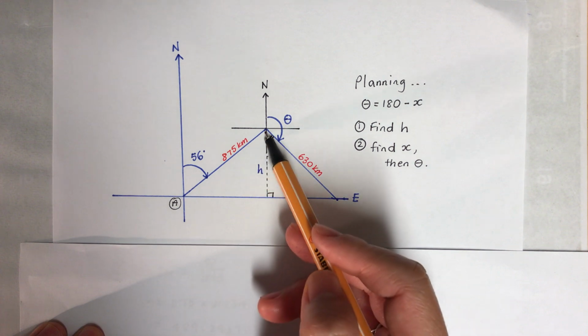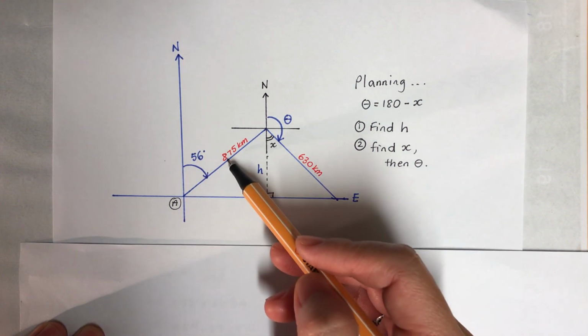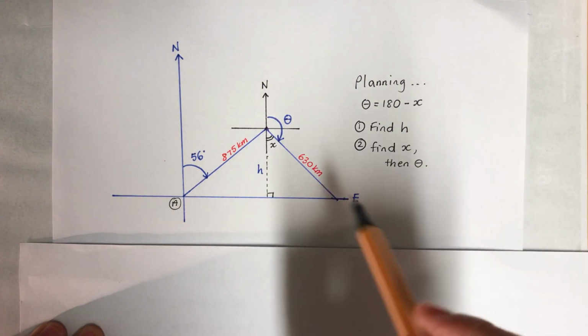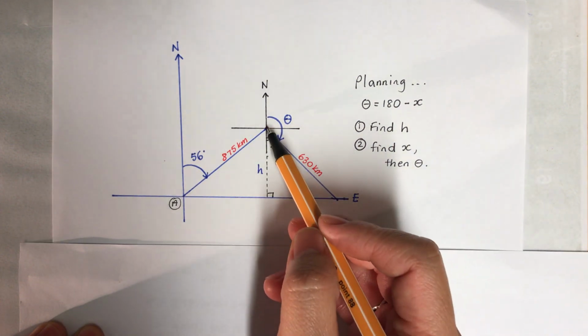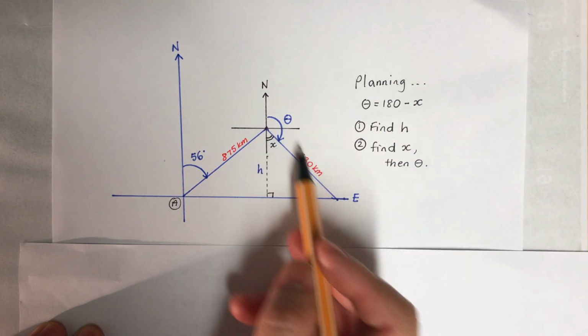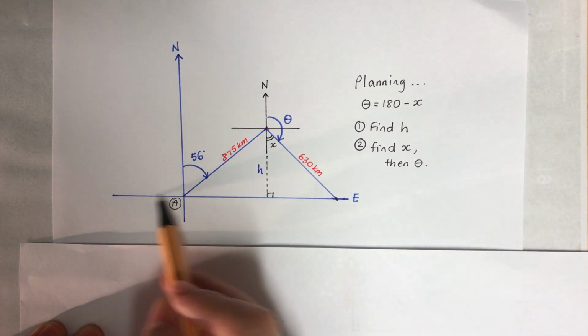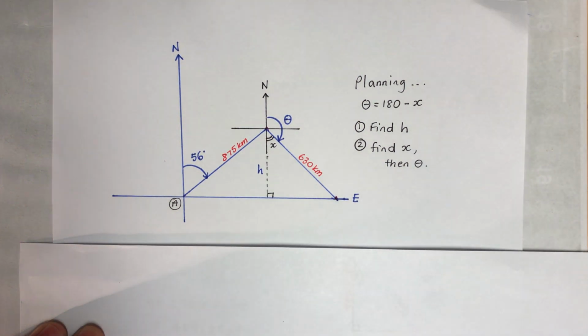So the plane leaves there, at first on 56 bearing and 875 kilometers, and then it turns and flies away. We don't know what the bearing was, but it stops right there due east of Adelaide, because that's Adelaide and that's east. So it stops right there. Okay, so that's what it means.